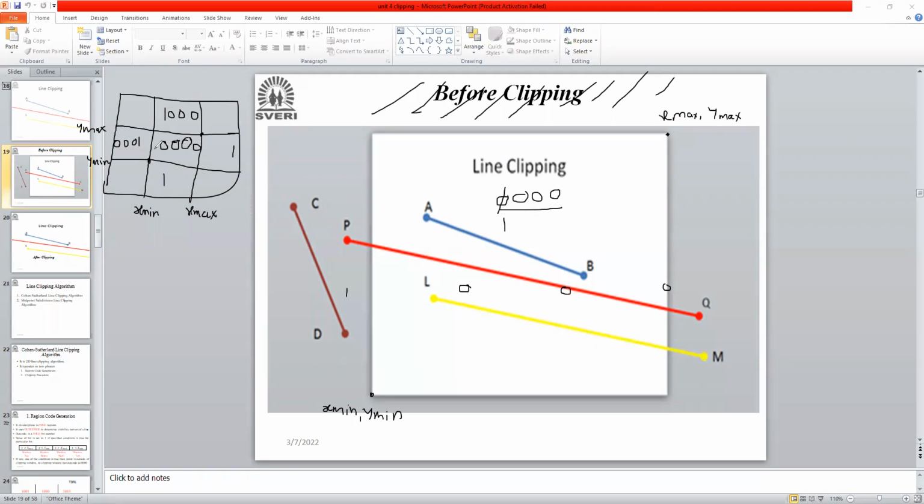So if the area is on the LHS, the left hand side, then set the code as 0001.